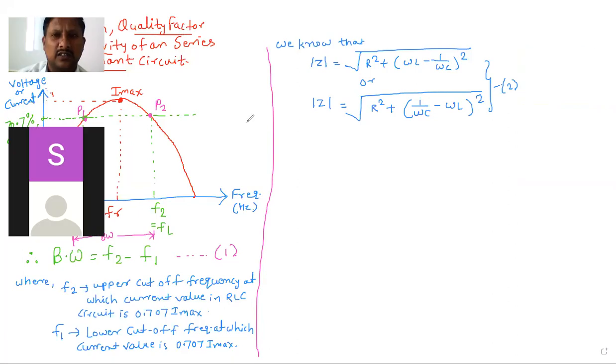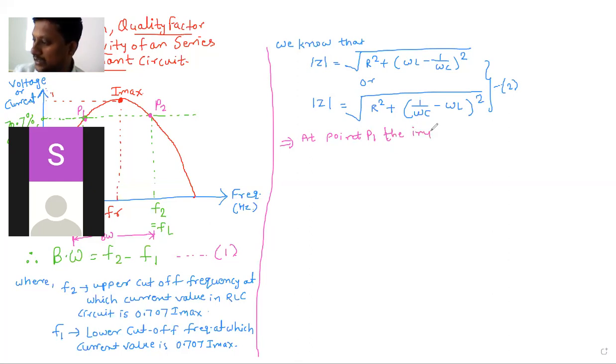So how to calculate the value of impedance at P1 and P2? You can note this down now. This is a separate point. This is not given in any book. Directly they have given the expression. At point P1, we have to calculate the impedance.